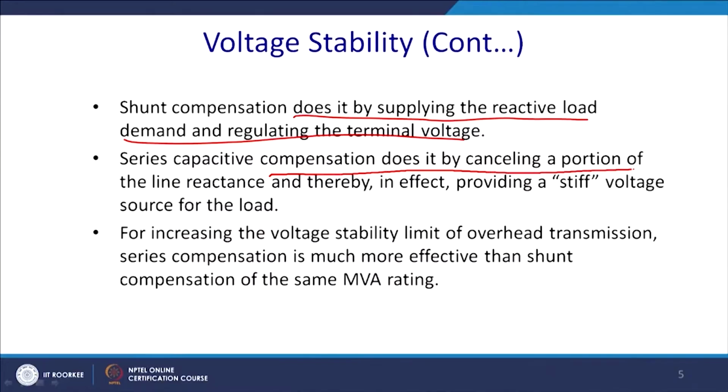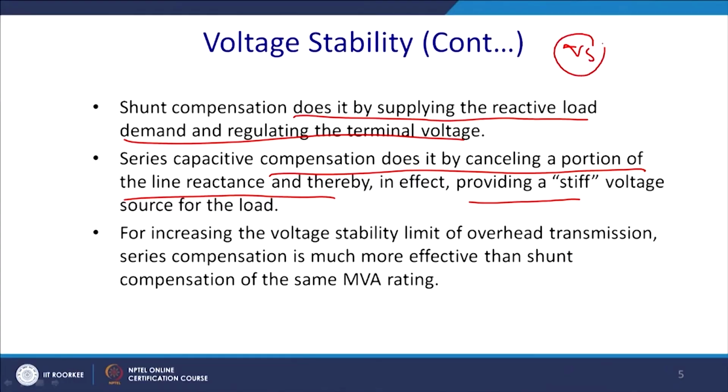Series capacitor compensation does it by cancelling a portion of the line impedance and thereby effectively providing a stiff voltage source to the load, because you assume that Vs is stiff, and the value of the inductance will be reducing. So, Vs will be more firmly connected to the receiving end voltage.